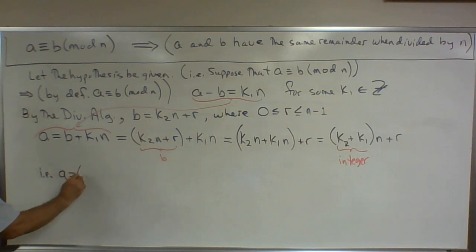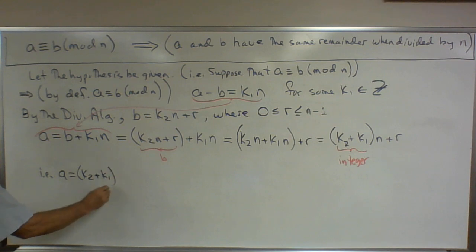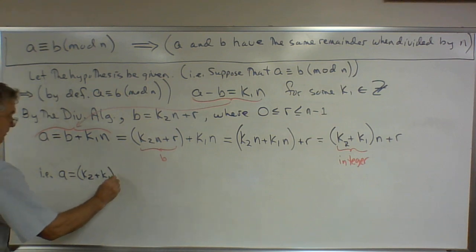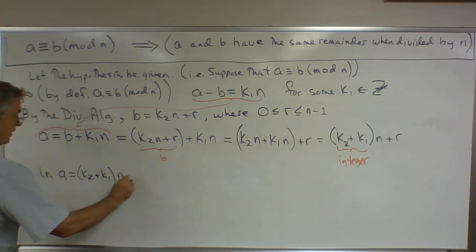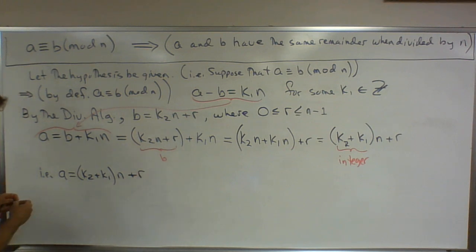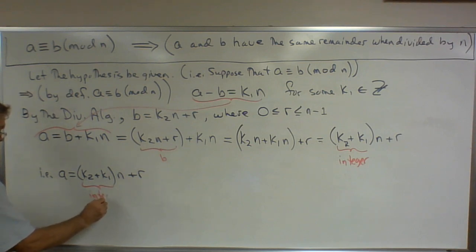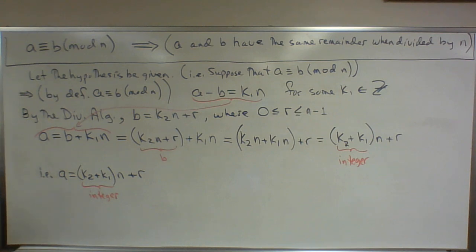A is equal to K2 plus K1, times N, plus R, where this K1 plus K2 is an integer.